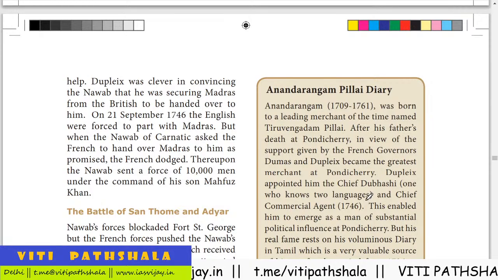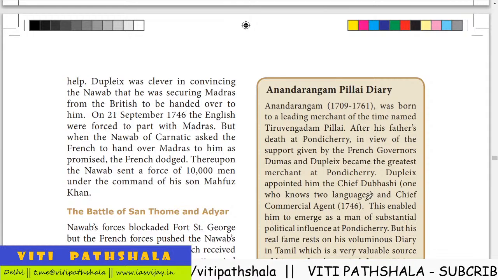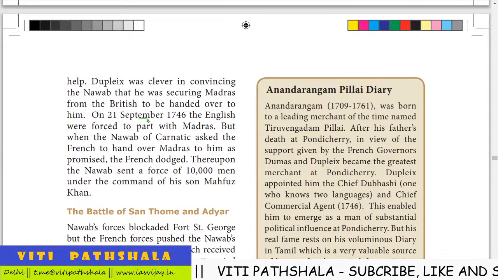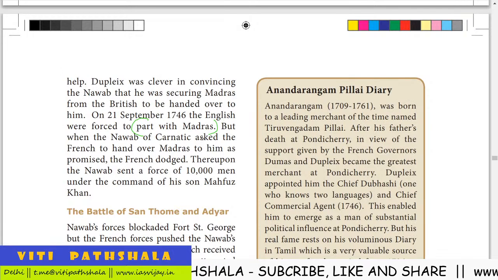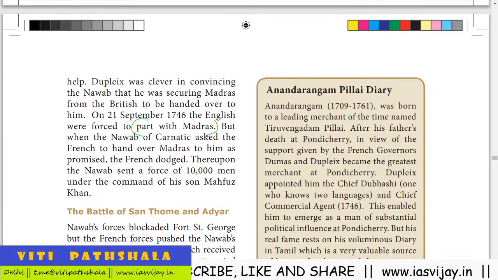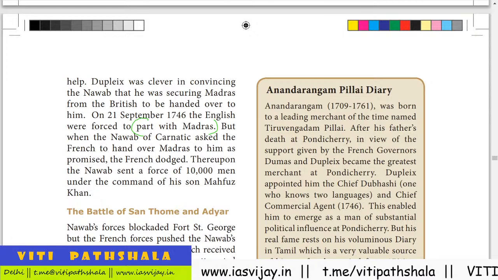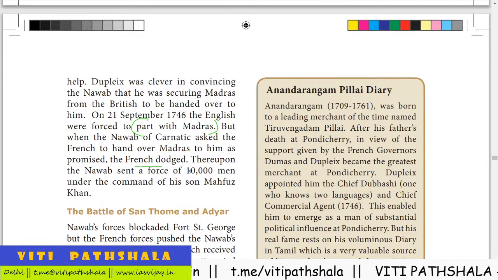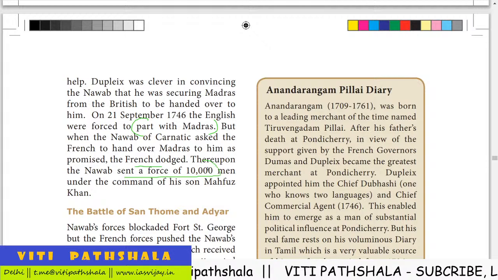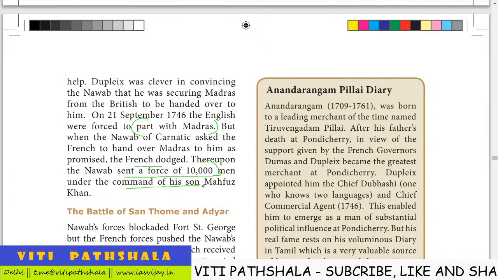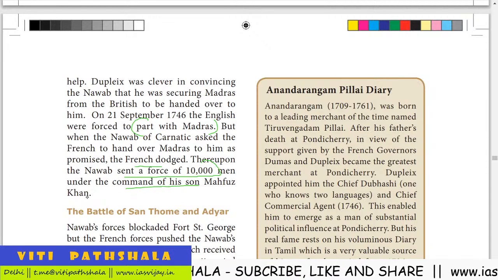On 21st September 1746, the English were forced to part with Madras. But when the Nawab of the Carnatic asked the French to hand over Madras to him as promised, the French dodged. Thereupon the Nawab sent a force of 10,000 men under the command of his son Mahfuz Khan.